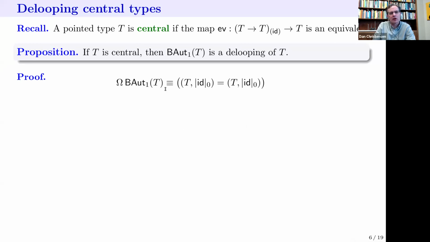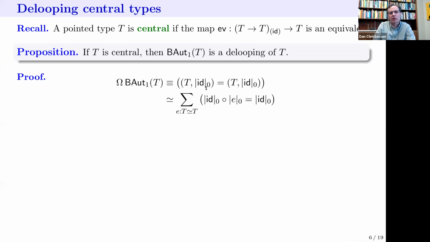So if I want to loop B.1 of T, by definition, that's the paths between the base point and itself. And the base point is T with the identity equivalence. So I get this equality. And now I have a path between pairs. So that's given by a path between the first components, which I'll write as an equivalence using univalence.